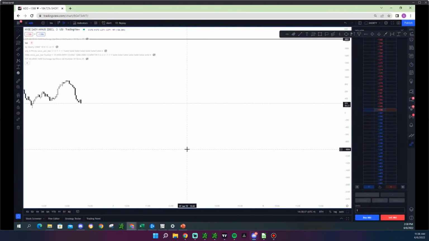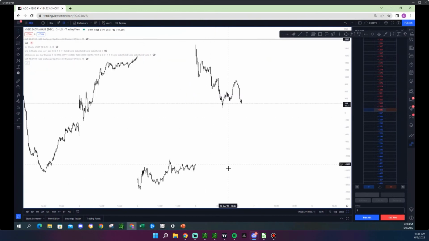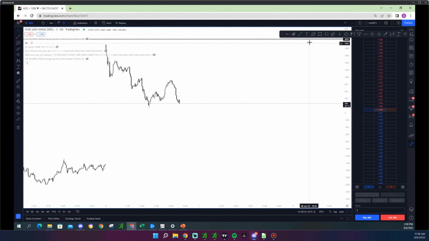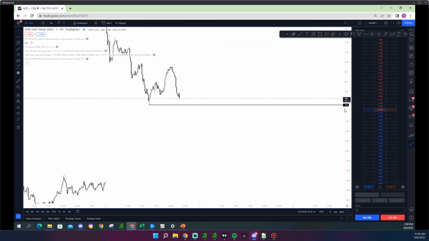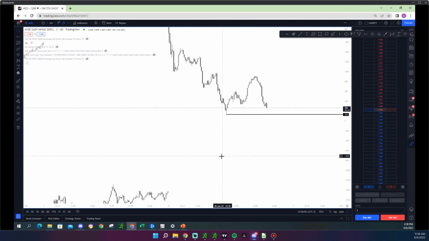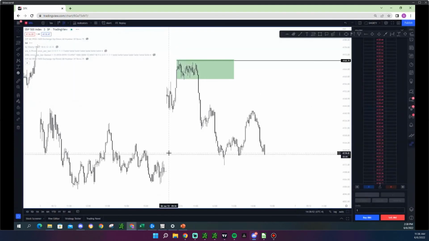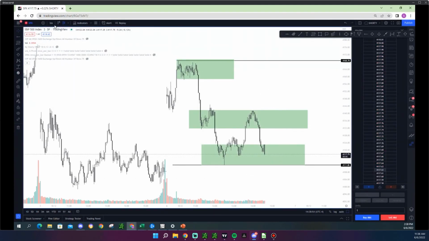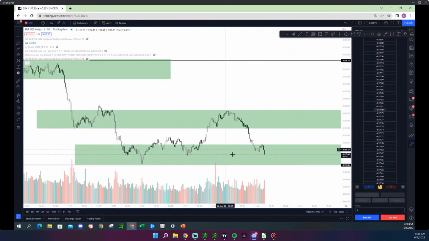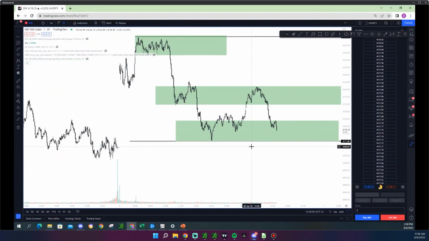AD's about to dump, it looks like. And we're still in choppy territory. Once we dip here, there we go, we're about to start the fun part. Watch AD when it breaks this little gap area now. The 133. Watch when it breaks that. Here it goes. 400s are cheap, like 0.6.